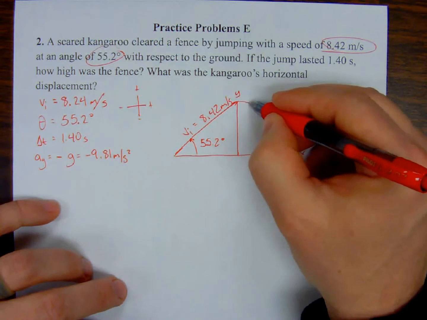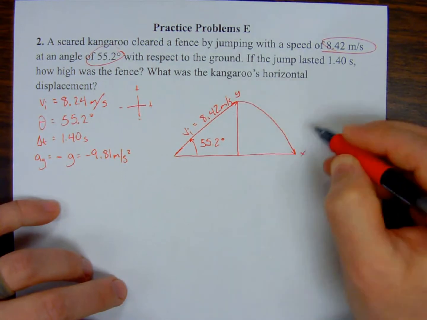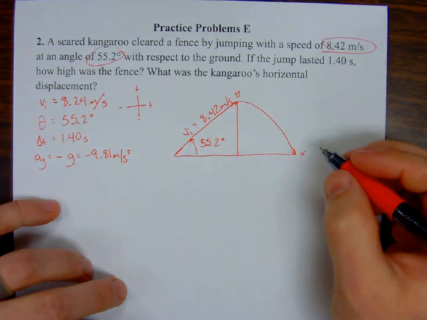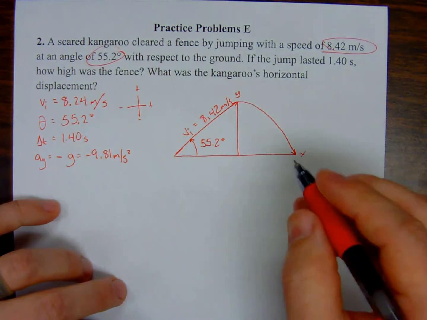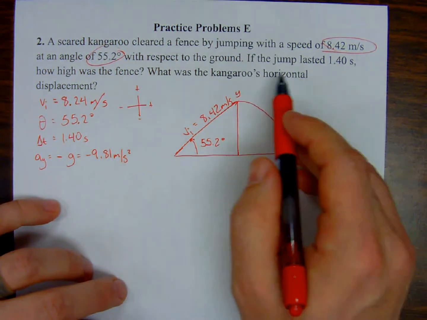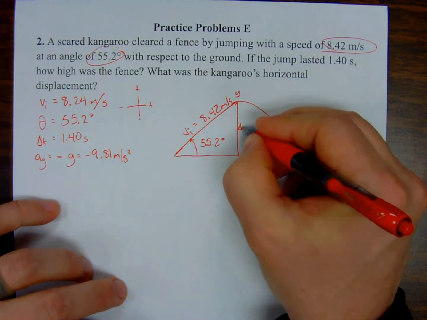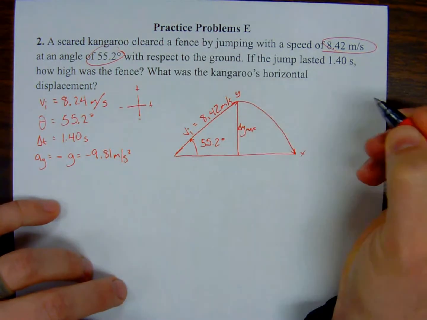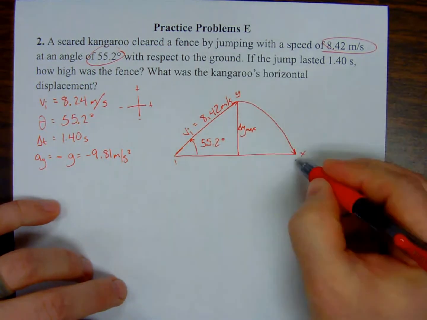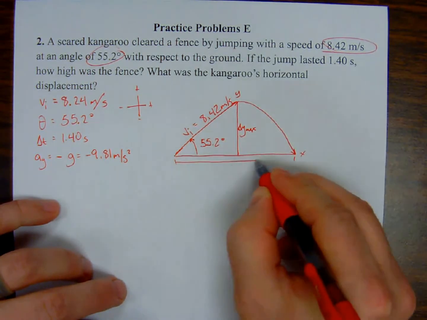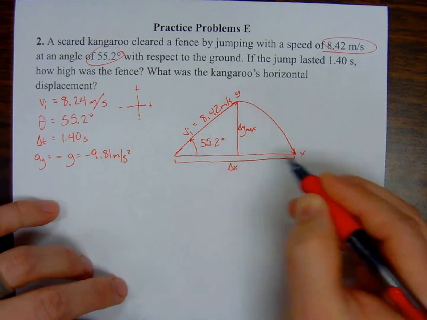We're being asked for how high the fence was, so delta y max, and we're being asked for the total delta x. But it asks us for the height of the fence first, so let's do the height first.